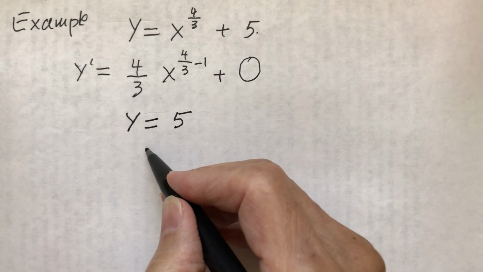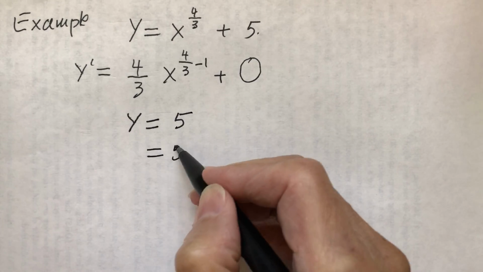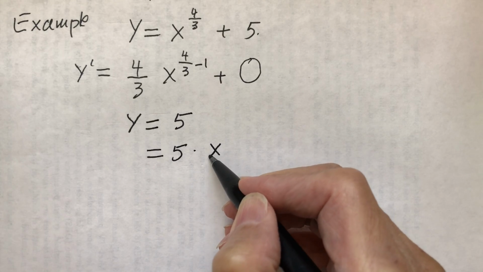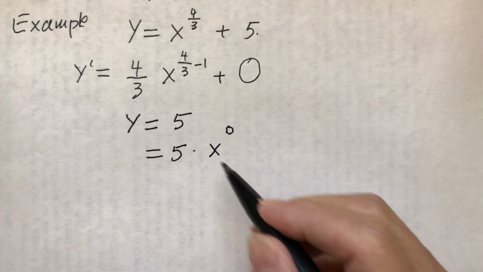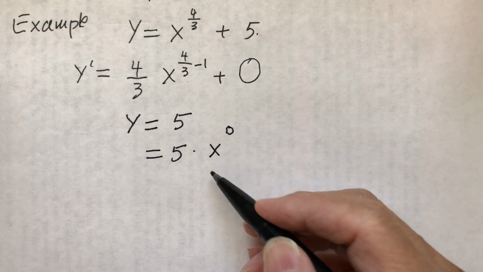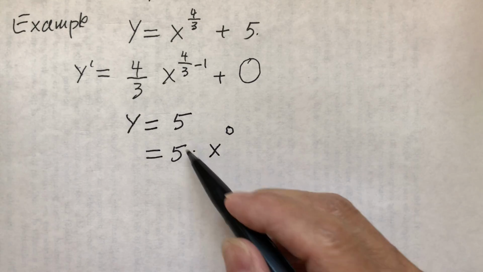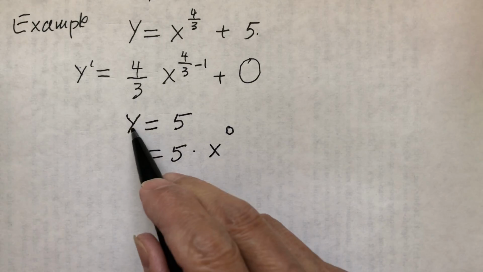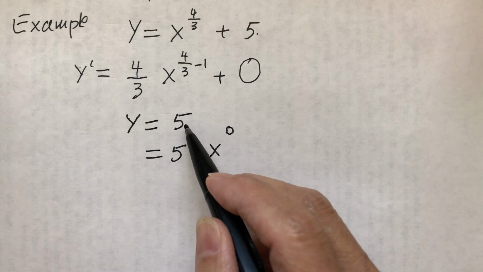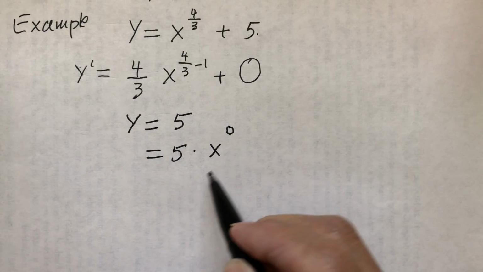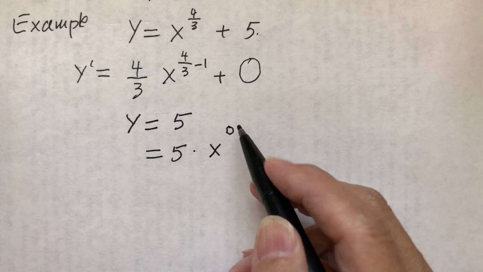But remember, I can rewrite this as 5 times x to the power 0. x to the power 0 is 1. Therefore, 5 times 1 is just 5. So I can consider the constant function. A constant is just the constant times x to the power 0.